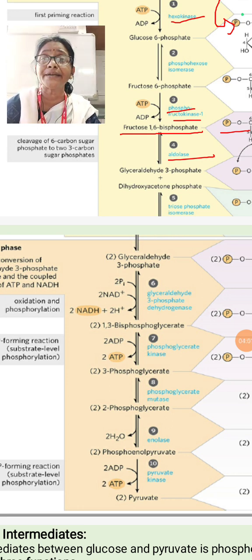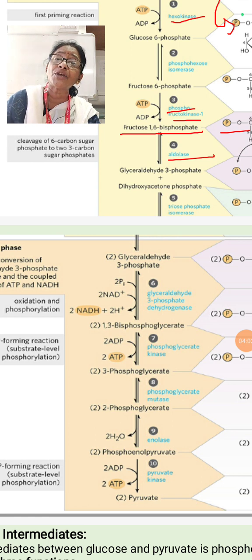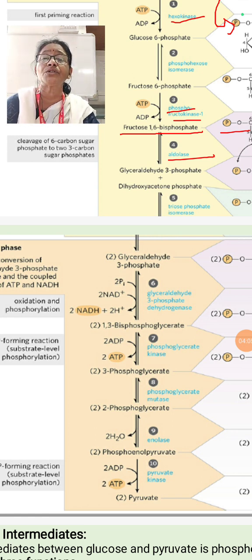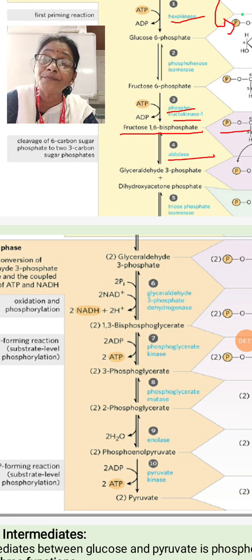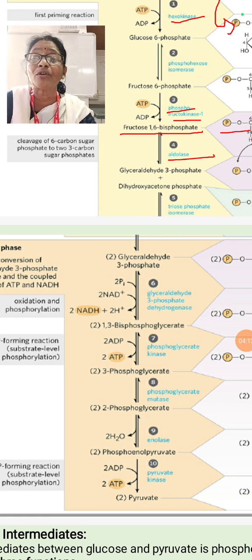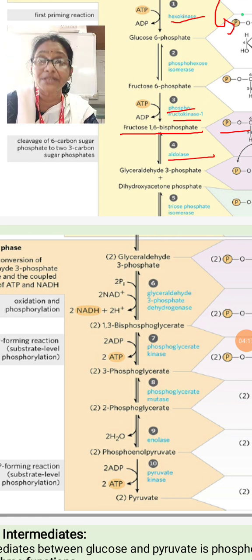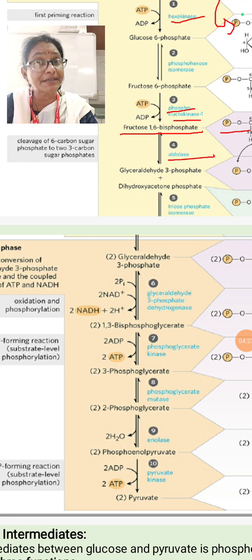They are converted into 1,3-bisphosphoglycerate, and 1,3-bisphosphoglycerate is converted into 3-phosphoglycerate. Here the first molecule of ATP is liberated by substrate level phosphorylation. Substrate level phosphorylation is the phosphorylation process in which the phosphoryl donor is a phosphate rich substrate.